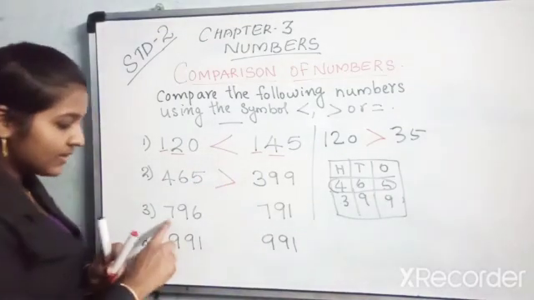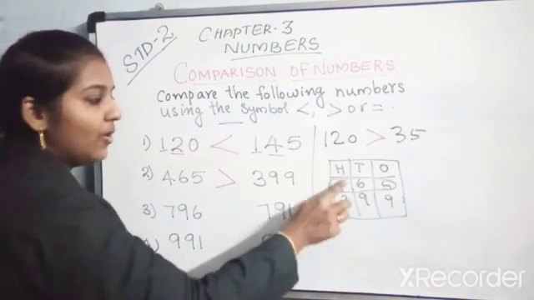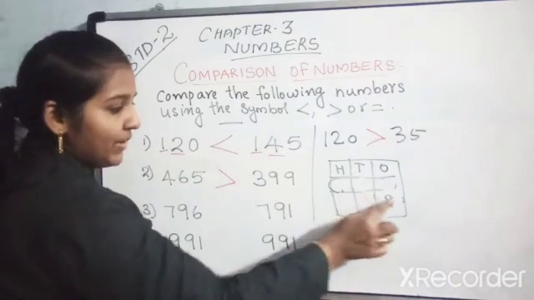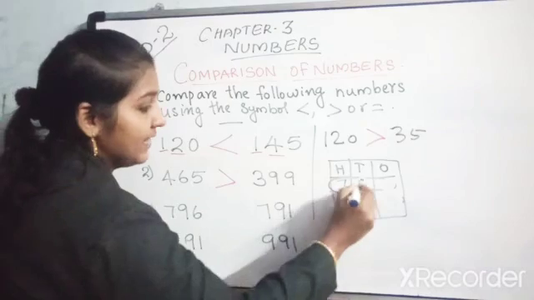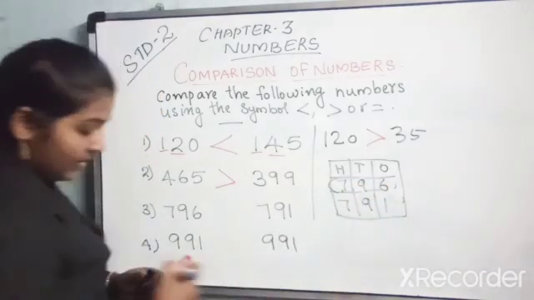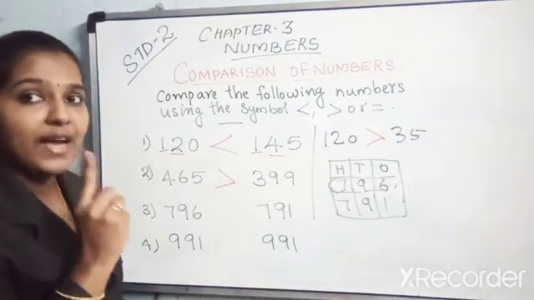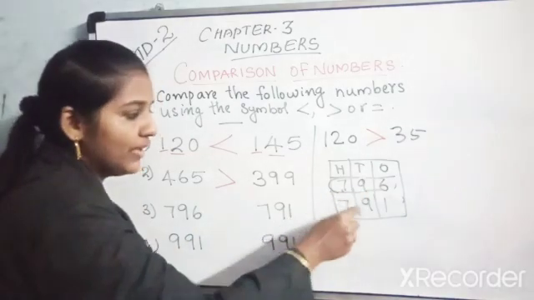Now next question, 796 and 791. All these numbers you can arrange in a place value chart and then you can compare. And we know the first step is you check the number of digits in both numbers. That is 1, 2, 3. 1, 2, 3.